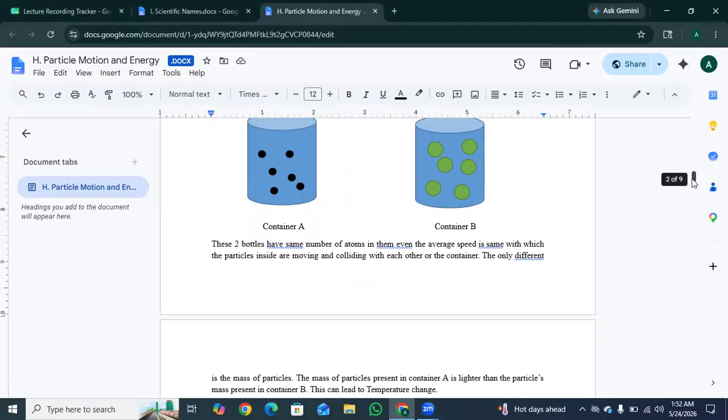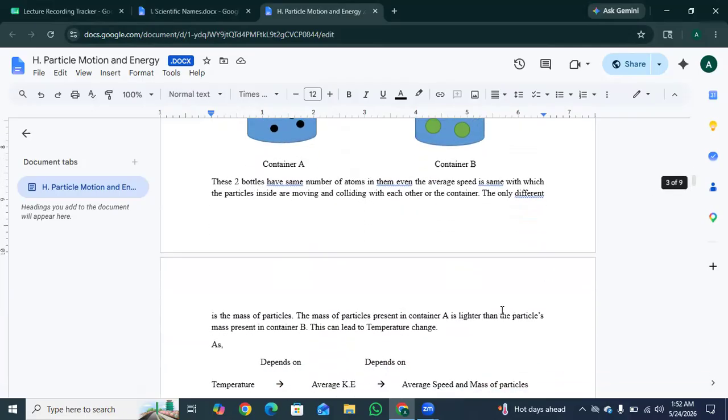The only difference is the mass of a particle. As you can see, one particle is smaller than the container B particle. So the mass of the particle in container A is lighter than the mass of the particle in container B. This can lead to a temperature change.